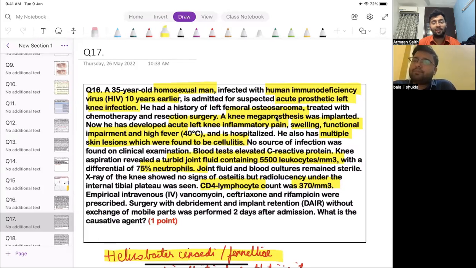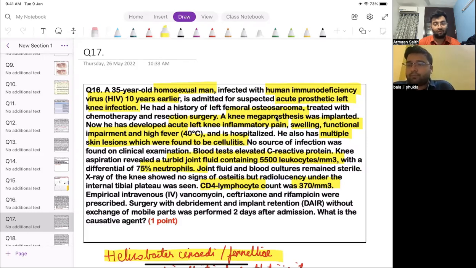Now he has developed acute left knee inflammatory pain, swelling, functional impairment, and high-grade fever. He also has multiple skin lesions suggestive of cellulitis. On doing an aspiration of the joint, there was a turbid fluid containing 5,500 leukocytes per mm³ with a differential of 75% neutrophils. So it suggests a septic arthritis due to bacteria.